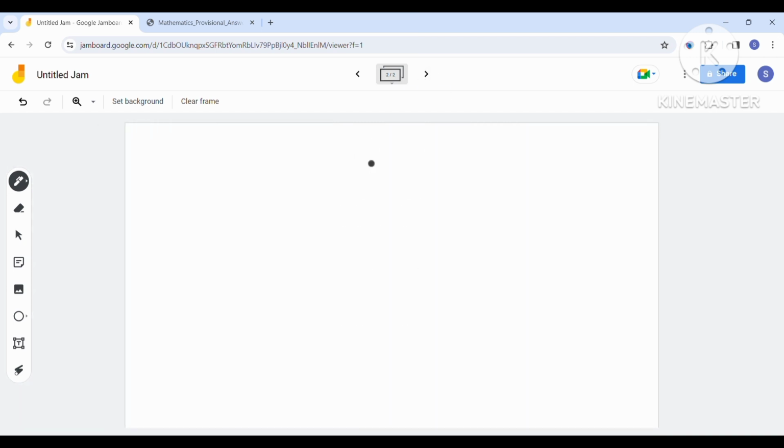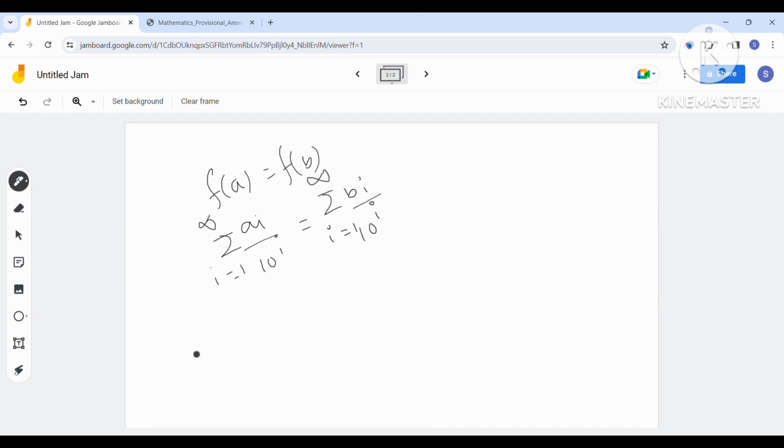But the issue is about the injectivity part. So let's assume that f(a) equals f(b), where a is a real sequence a1, a2, this, and b is a real sequence b1, b2, this. Then clearly the sum of ai by 10 to the i, i equal to 1 to infinity, is equal to the sum of bi by 10 to the i, i equal to 1 to infinity.